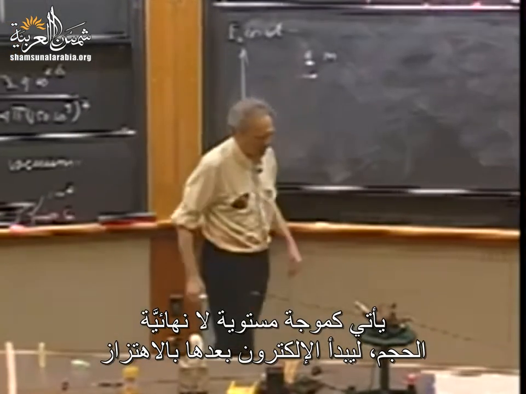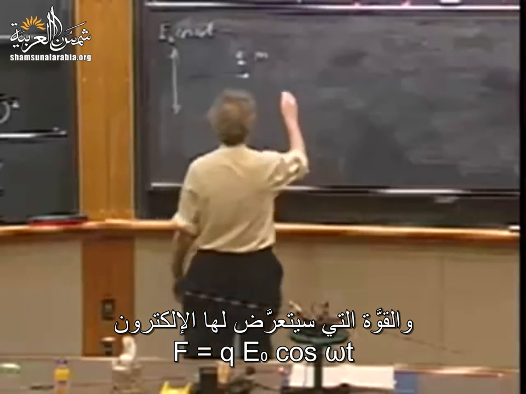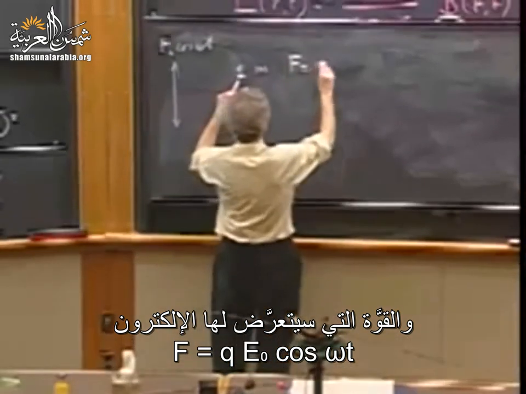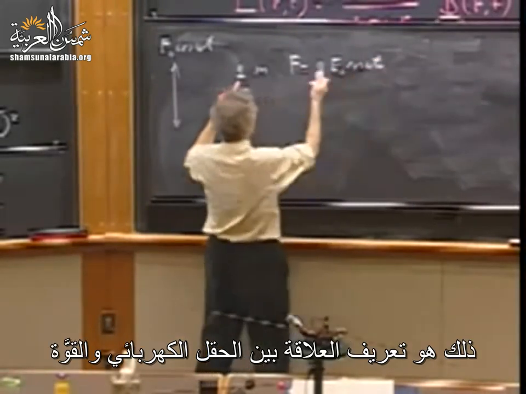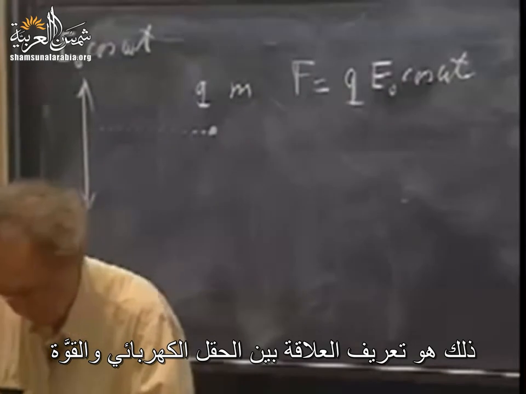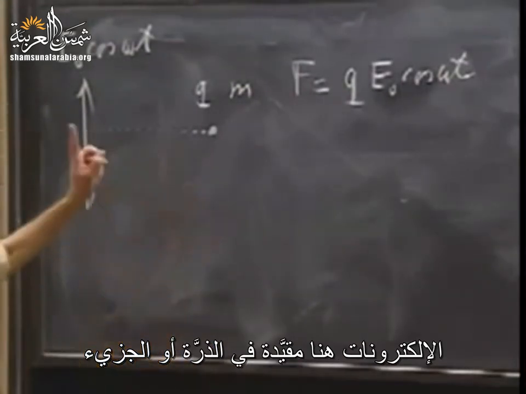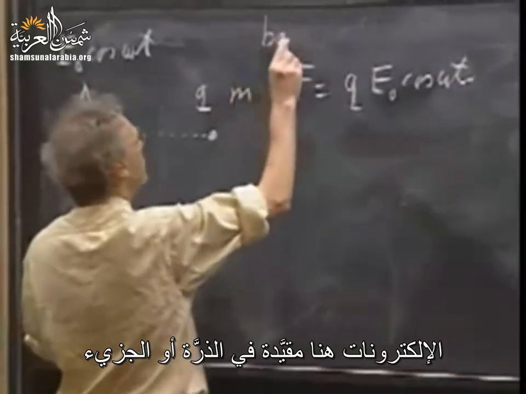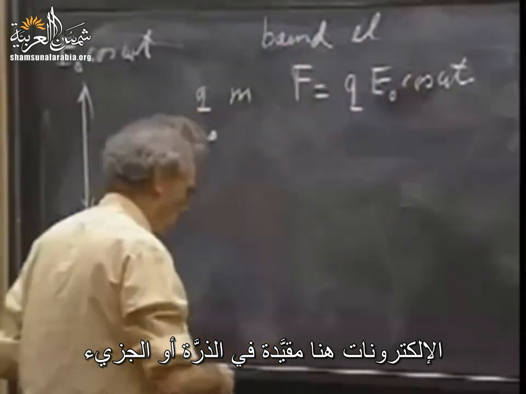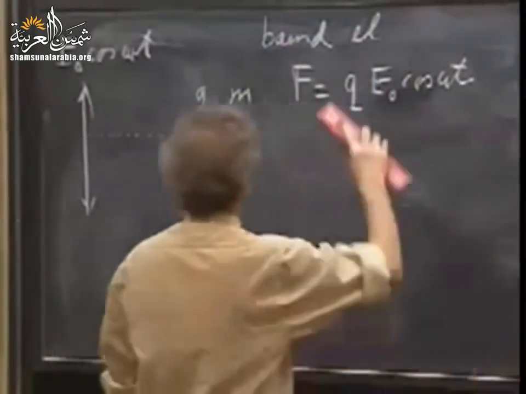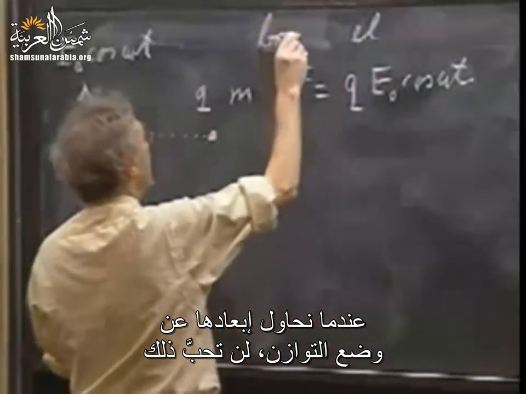And this electron begins to shake. And the force that the electron will experience, F, is Q times E0 cosine omega t, right? That is the definition of electric field as it is connected to force. Now I do this for bound electrons. So these electrons are bound in an atom or in a molecule. So when you try to move them away from equilibrium, they don't like that.